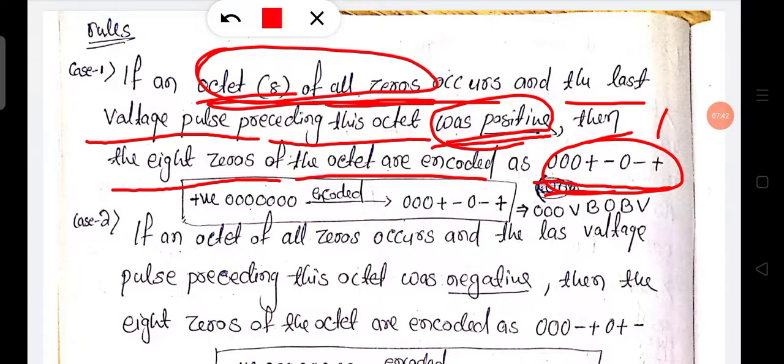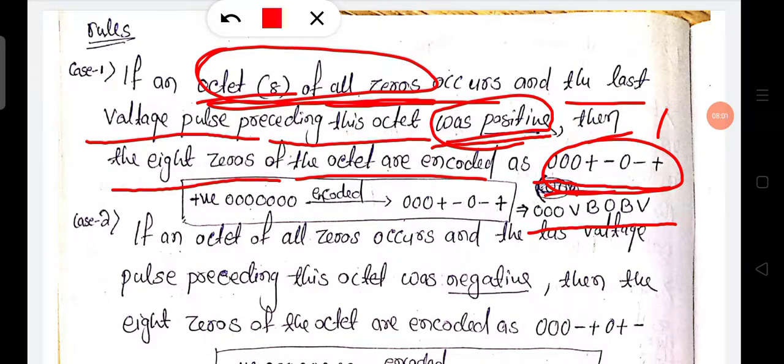In different books that sequence is also denoted as 0 0 0 V B 0 B V, where V means violation.